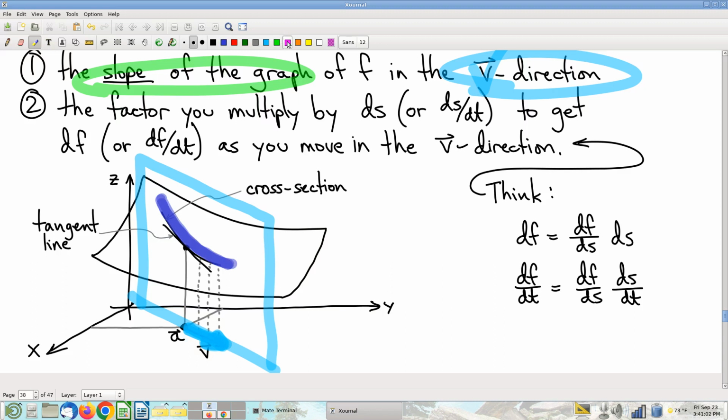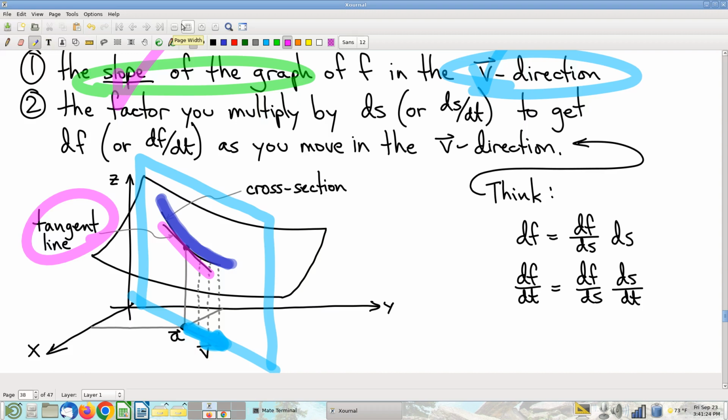And then if you ask, well, what's the slope of the tangent line? There's the tangent line, and the slope of that tangent line is the directional derivative. This thing called directional derivative. Is that cool? Just like with partial derivative, it's just that it's not an axis direction, so now we call it directional derivative.